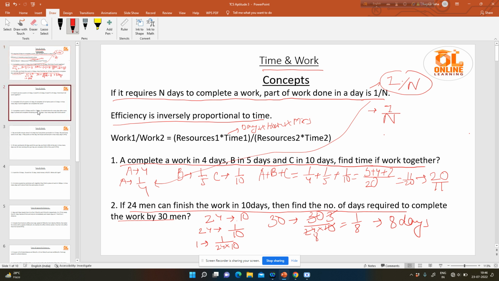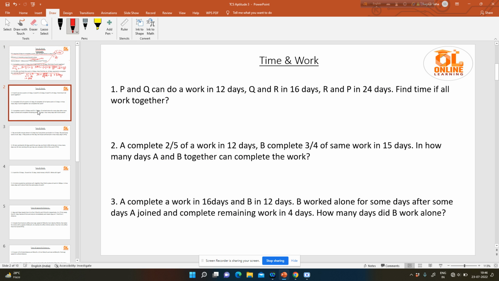Hope you have understood. Now let us move to the next question. Here it is told that P and Q can do a work in 12 days, Q and R in 16 days, R and P in 24 days. Find the time if all work together.